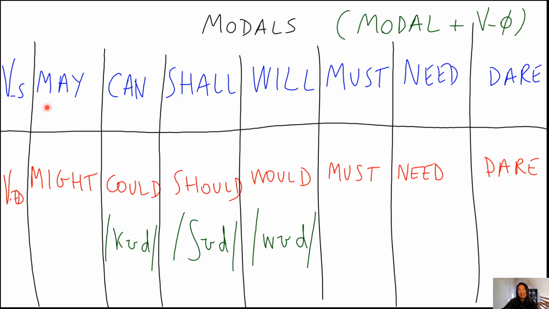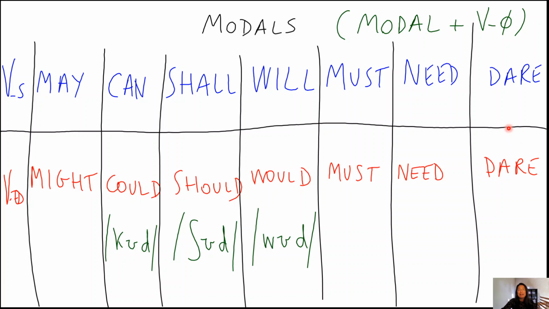So this is an exhaustive list here. Modals in the present tense are may, can, shall, will, must, need, and dare. And in the past tense, they take the following forms: might, could, should, would, must, need, and dare. So as you can see, the last three have the same form in the present tense and in the past tense.